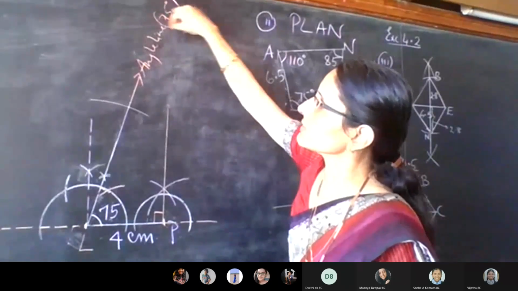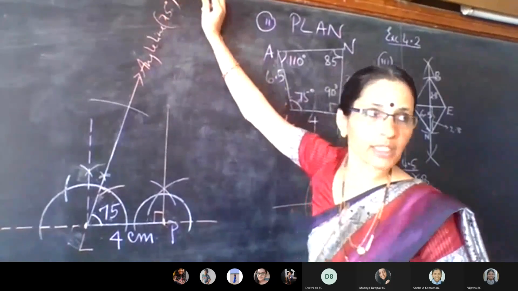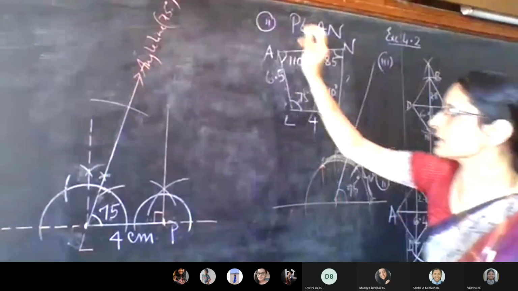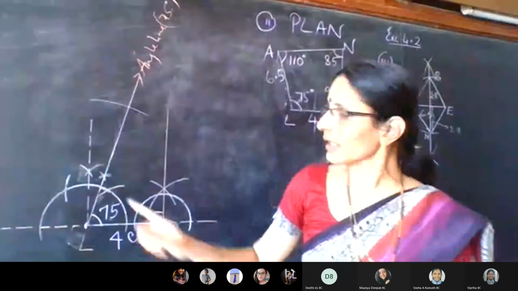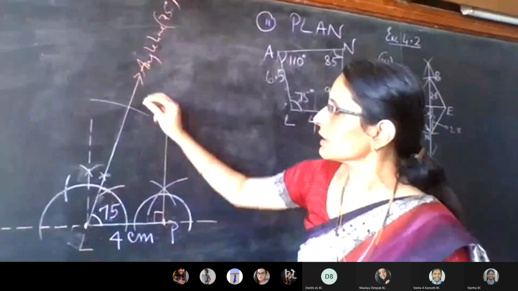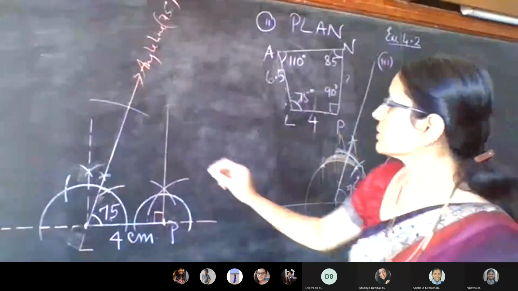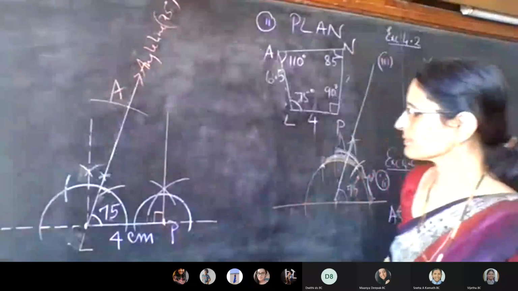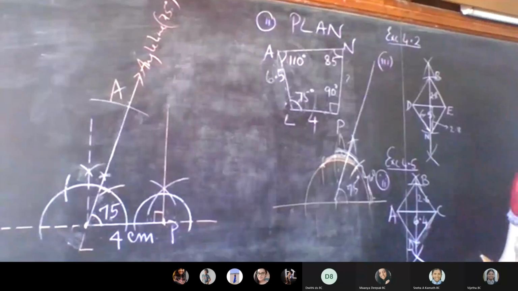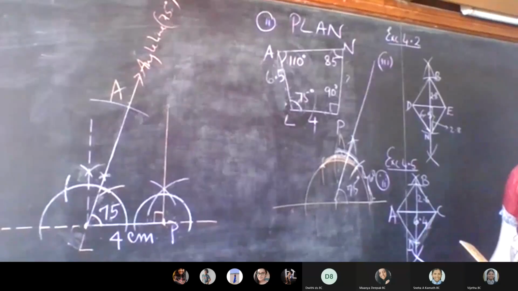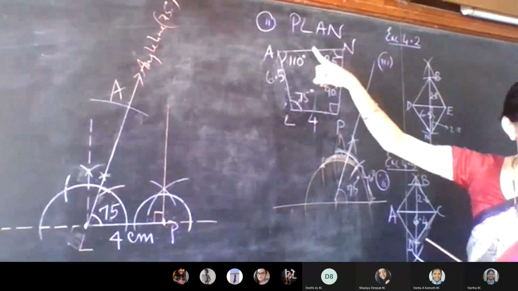75-degree angle line. You don't know its length until you measure and cut. Then 6.5 you measure. I measured 6.5 on the ruler, then cut from L. So this point is obtained now. This is called A. From there, I should measure 110 degree, because I know only that to proceed.